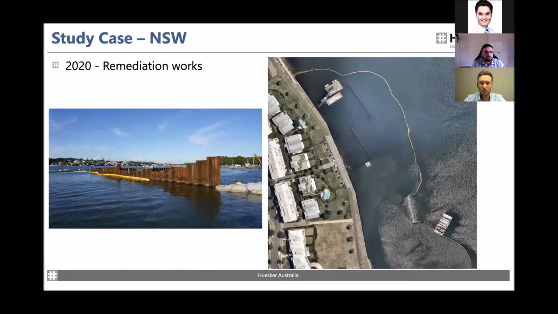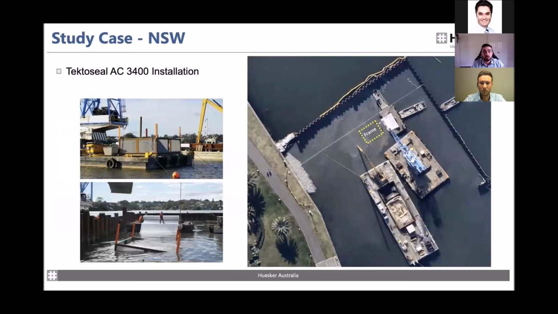And later on in 2020, we started the works on site. Firstly, obviously, trying to isolate the areas with sheet piling and sealed lines, bubble curtains. And then after this, they started installation of the geocomposite.